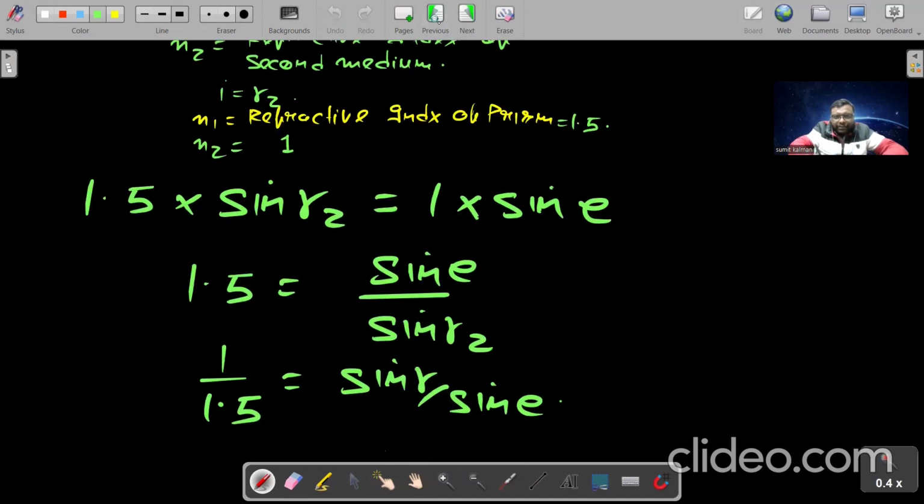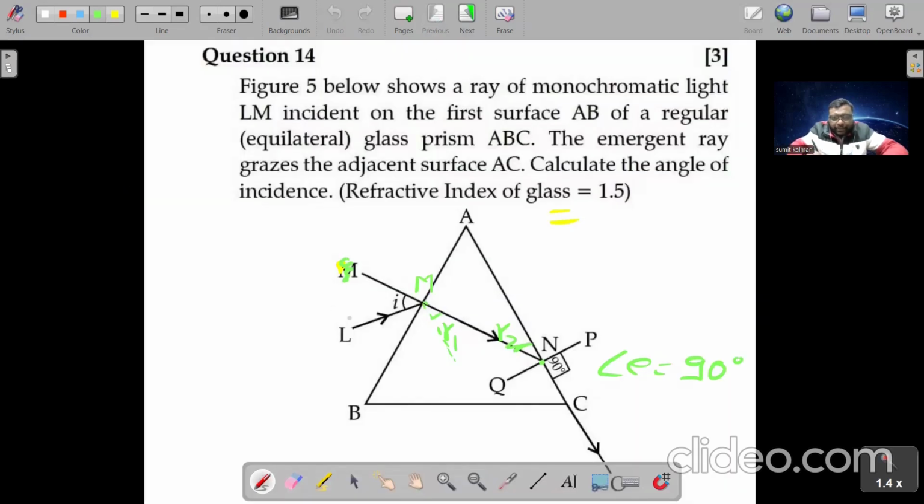And students, if you see here at M, the light is going from air to a denser medium. So here the first medium is air and the second medium is glass. Glass is a denser medium. So students, here n1 is 1 and n2 is 1.5. Angle of incidence is I and angle of refraction is R1.